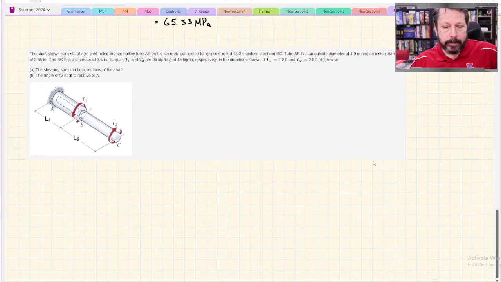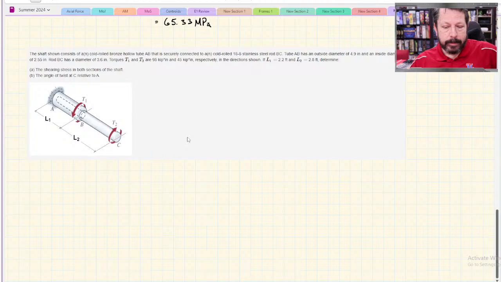There we go. All right, so this shaft consists of a cold rolled bronze hollow tube. All right, so I've lost my pen. Where did I put it? Here it is.